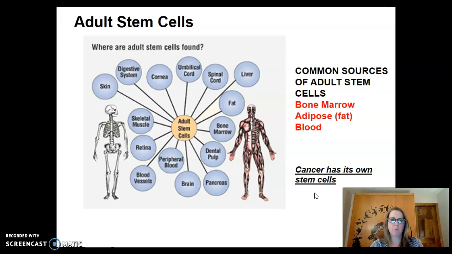Now, here's an interesting point: cancer has its own stem cells. So cancer, as you already know a little bit about, is because of a faulty gene where normally we would be checking for abnormal cells and stopping mitosis if necessary. So those tumor suppression genes. So cancer cells can really regulate themselves and reproduce themselves.